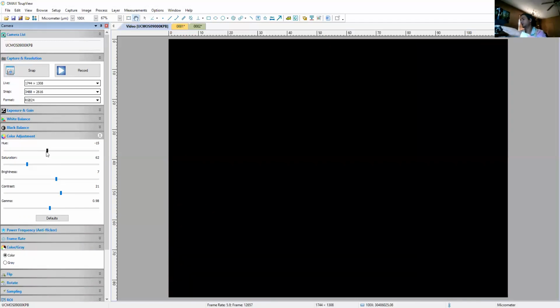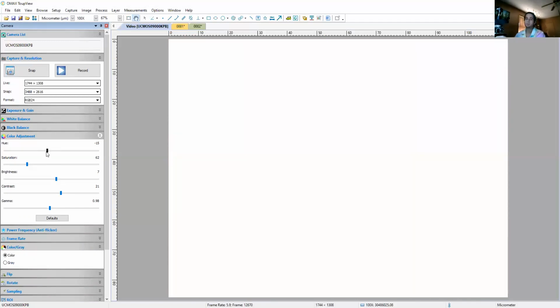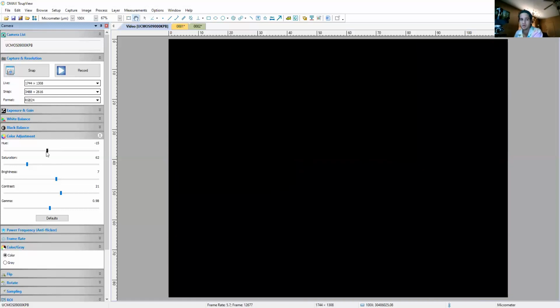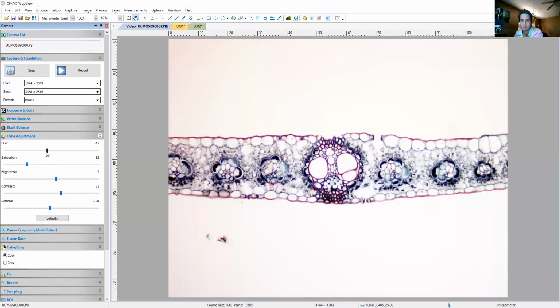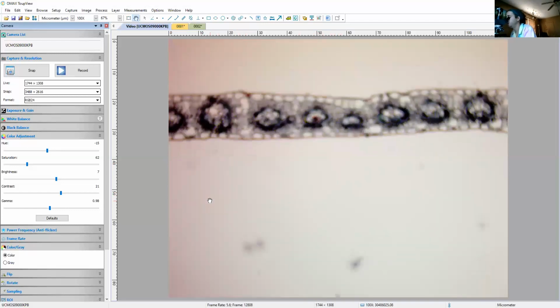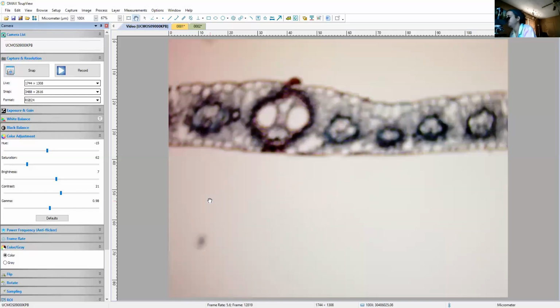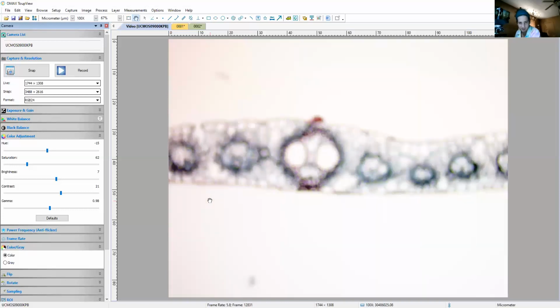Let's get a better look at this, moving up to 100x total magnification. So here is our xylem. There is our phloem. All right. When we look at this, we scroll down along it. Oh, there's another vascular bundle.